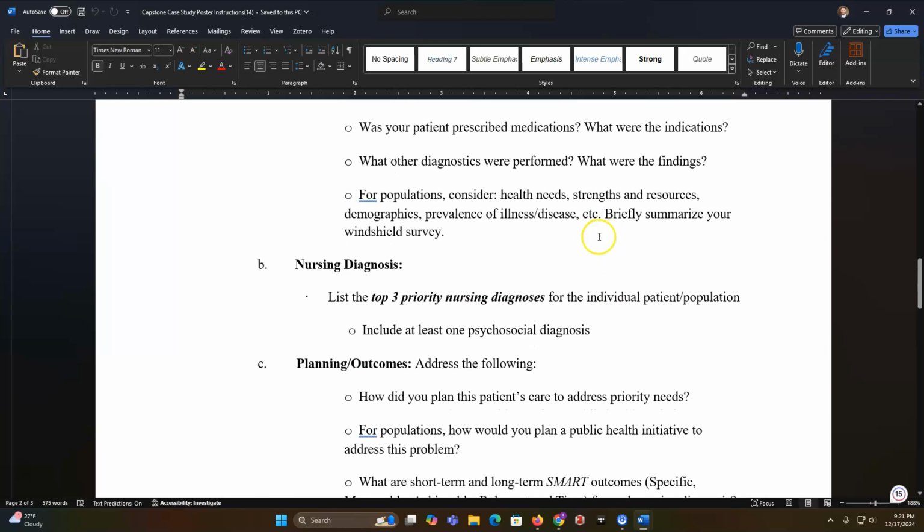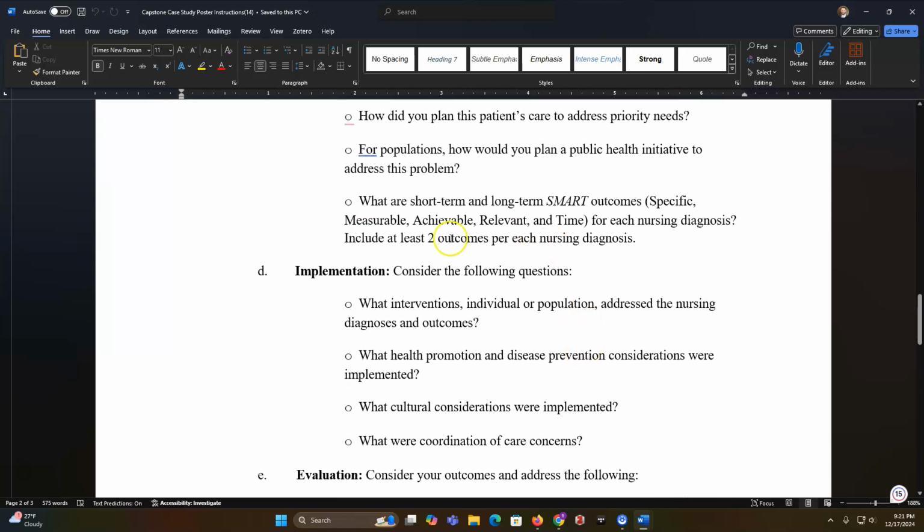And so if you get 3 nursing diagnoses, then you should have a total of 6 of these outcomes. They can be short-term, they can be long-term. You can be looking at this as within my shift, or prior to discharge, or a year from now. So it kind of depends on your situation and what your outcomes are going to be. But make sure that you've got that time frame on there so we understand it.